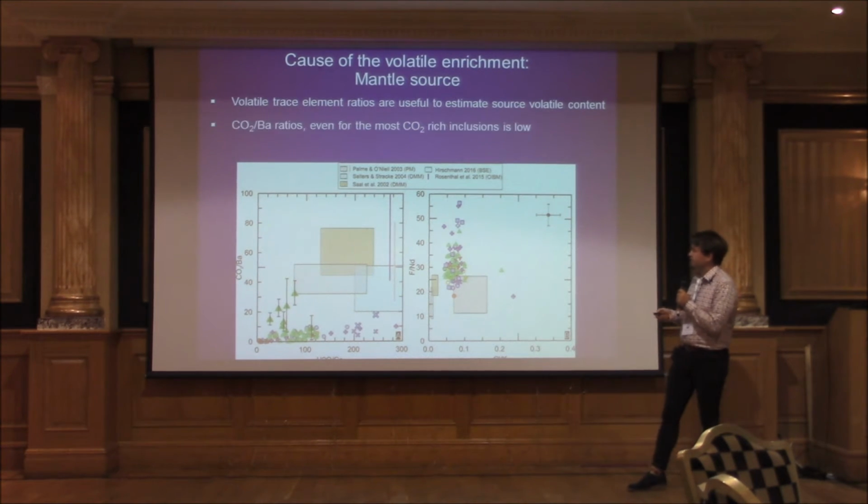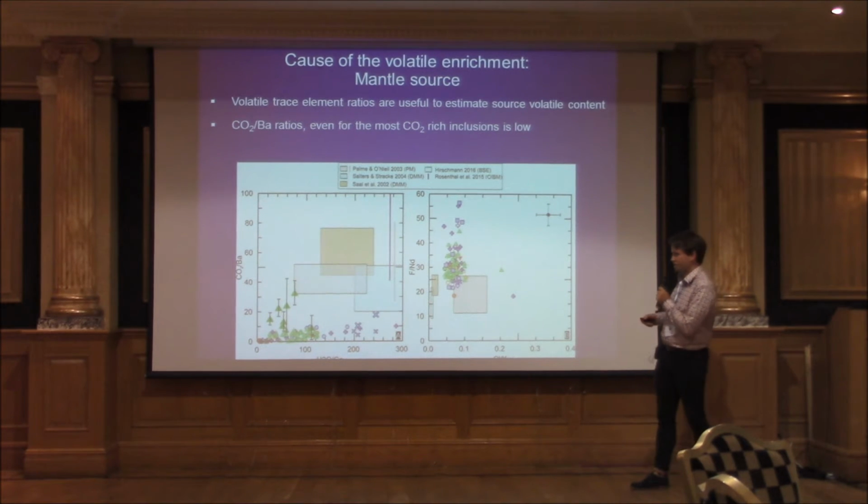And if we look at the CO2-barium ratios on this diagram, we can see that even the most CO2-rich inclusions, where we accounted for the CO2 escape into the bubble, only just fall into the primitive mantle estimates, and only into the lowest, most conservative primitive mantle carbon estimate.